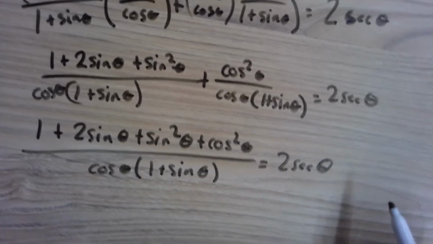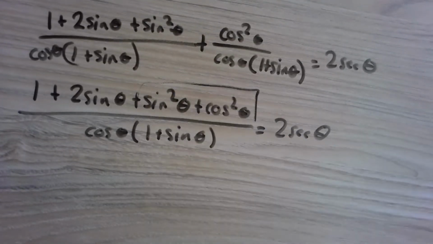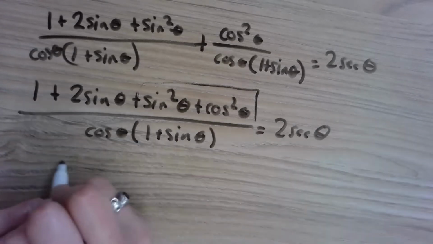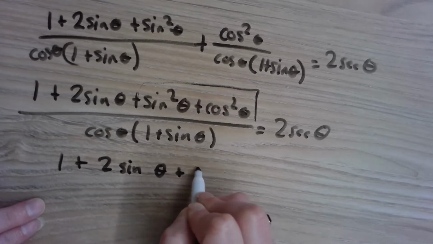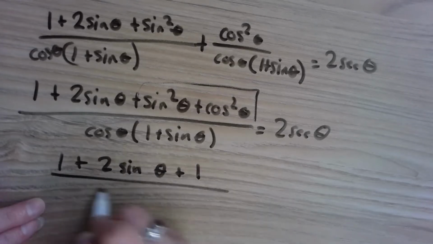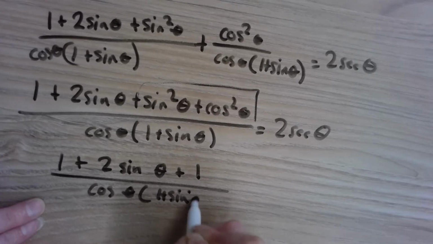Okay, right here, this is a Pythagorean identity. Sine squared theta plus cosine squared theta is 1. So 1 plus 2 sine theta plus 1 over cosine theta times (1 plus sine theta).